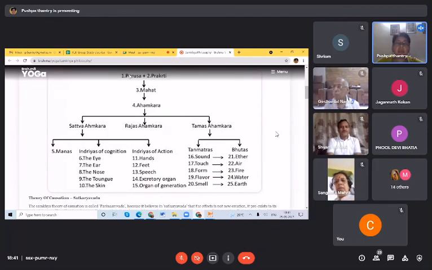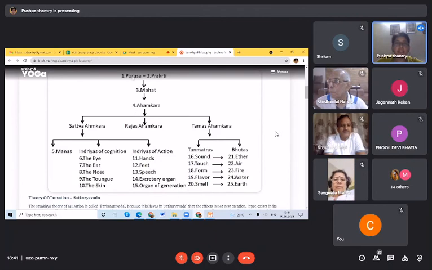Purusha is singular, ultimate, and unmanifested, and Prakriti is the manifested, and it has all these gunas. So Purusha is on one side, and Prakriti and all these gunas, Mahat, Ahankara, Sattva, Rajas, Tamas, Manas, Indriyas, Karmendriyas and Jnanendriyas, Tanmatras, Panchabhutas, all these come in the Prakriti.